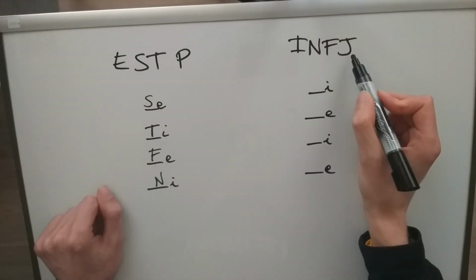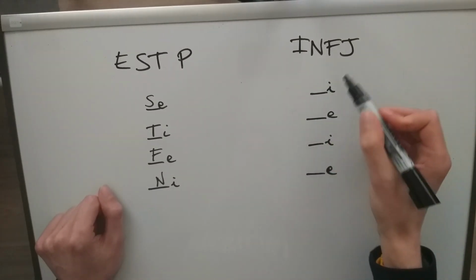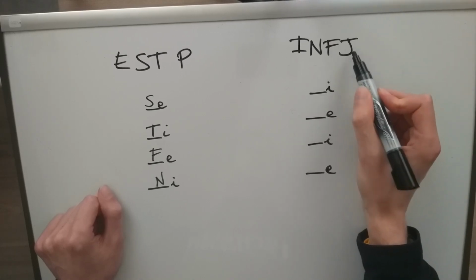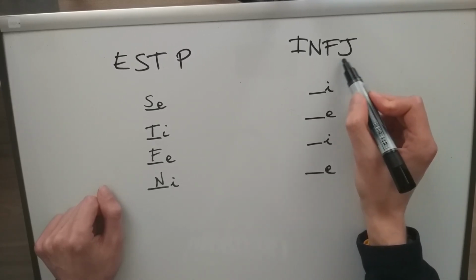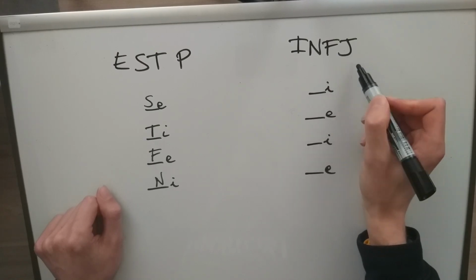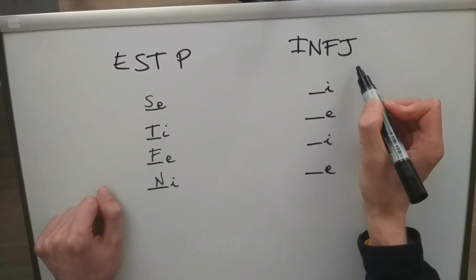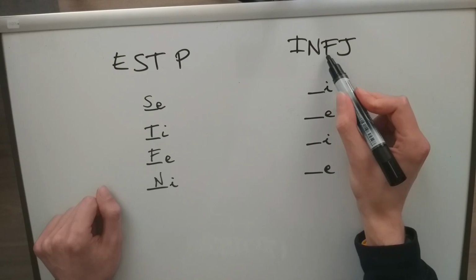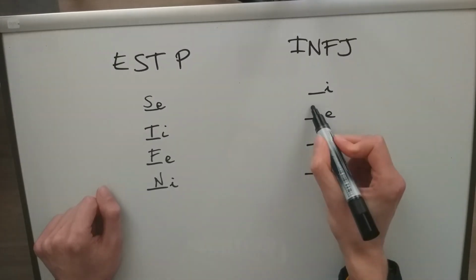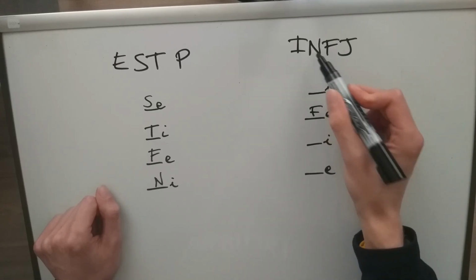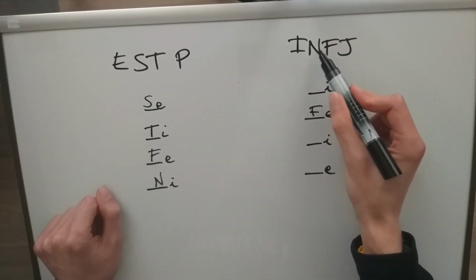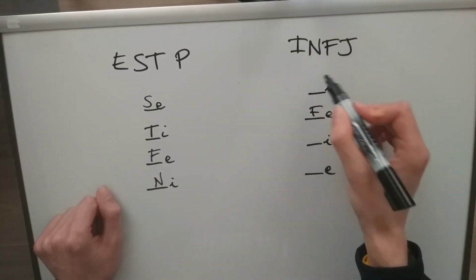And so now we'll also look at which type of function is their first extroverted function. So this is a judging function. Their first extroverted function is a judging function, and their favorite judging function is feeling. So we know that this is Fe, and this leaves their other preference, which is intuition for perception.